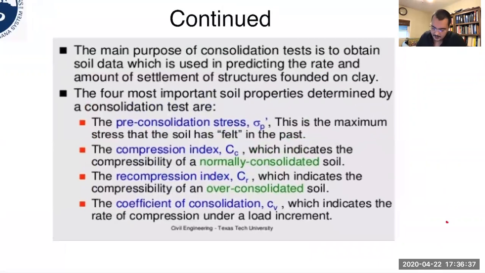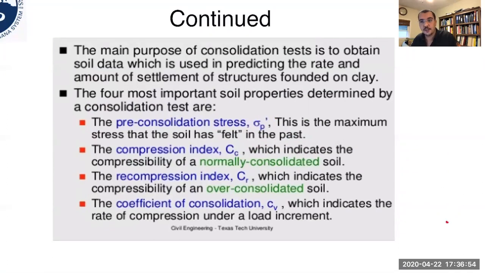So this is the pre-consolidation stress, or pre-consolidation pressure. You can use them interchangeably. This is the maximum stress that the soil has felt in the past.